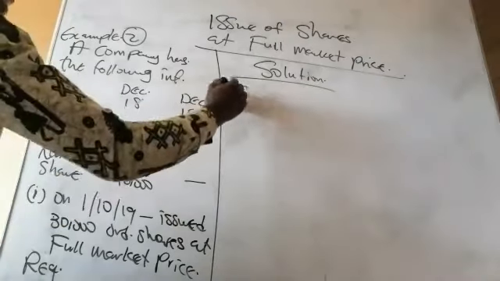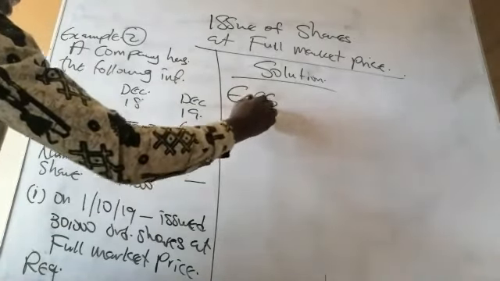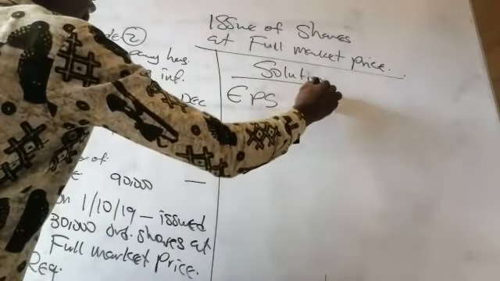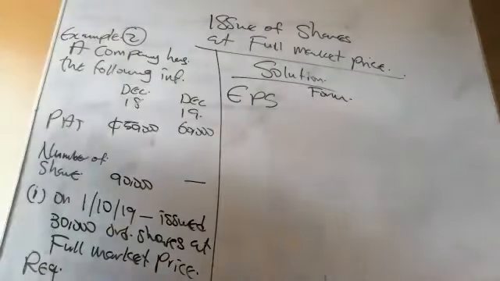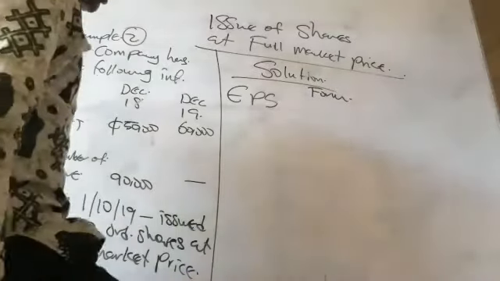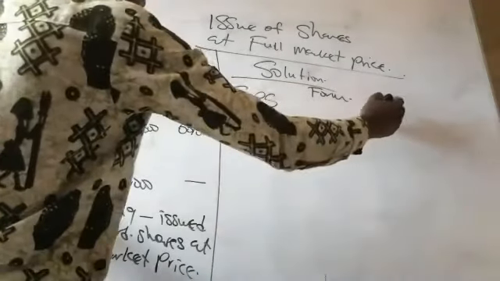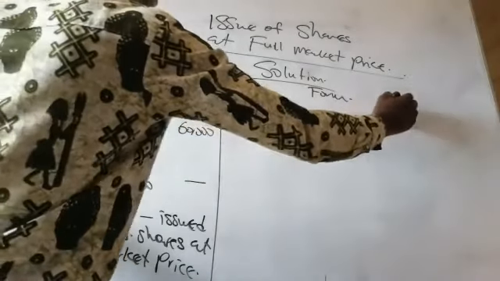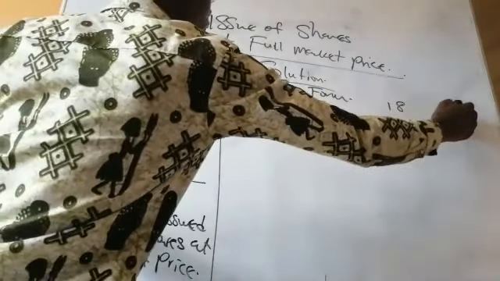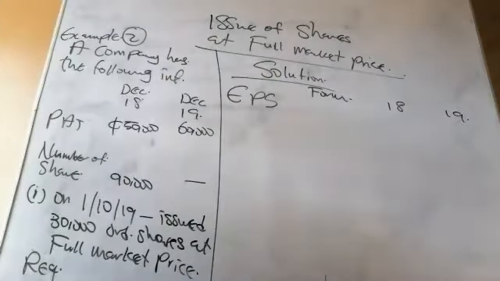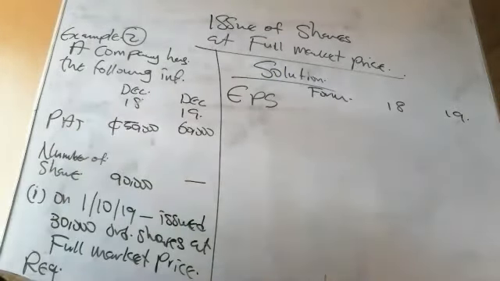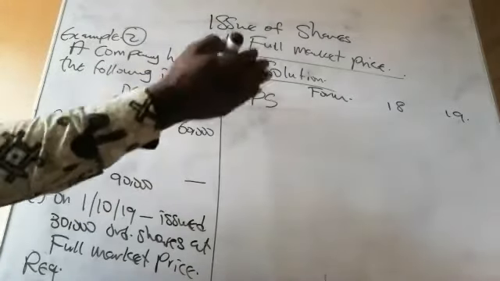So the earnings per share. Can you write the formula here? Then go to 2018, go to 2019, arranged as current year and then the previous year.